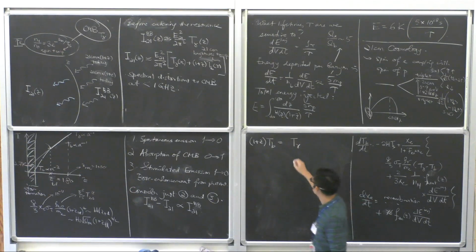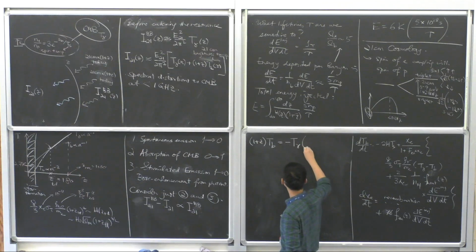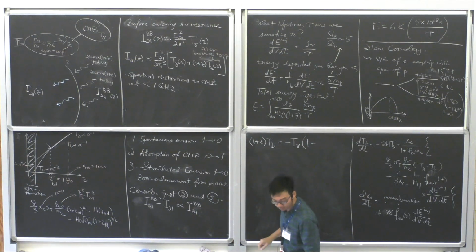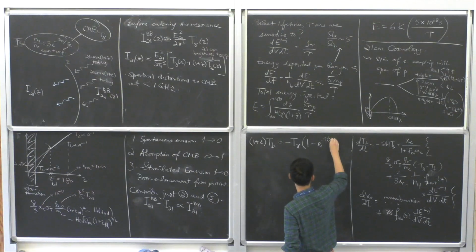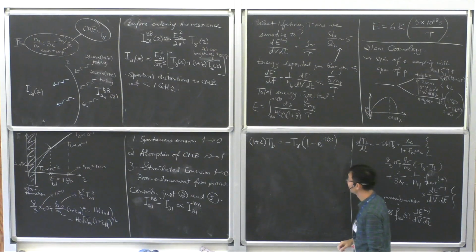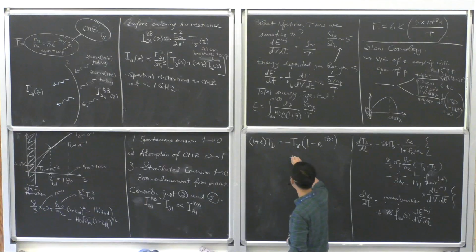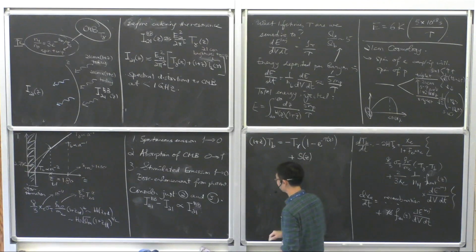Okay? And there's a minus sign. And there's a term that looks like 1 minus e to the minus of some optical depth tau, plus another term that comes from spontaneous emission.